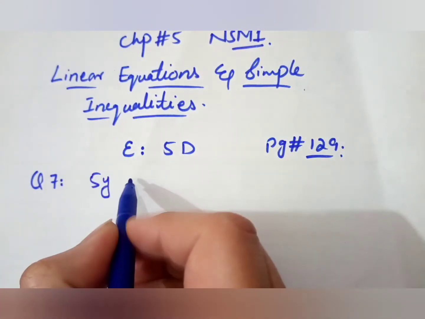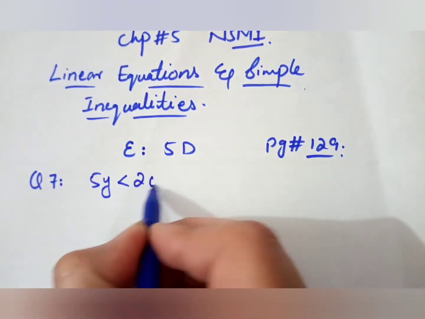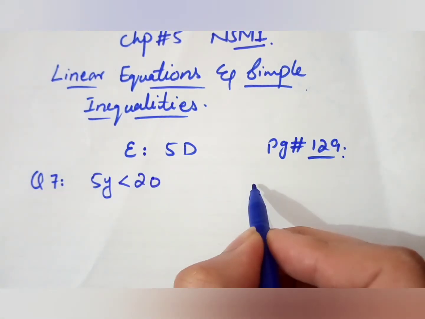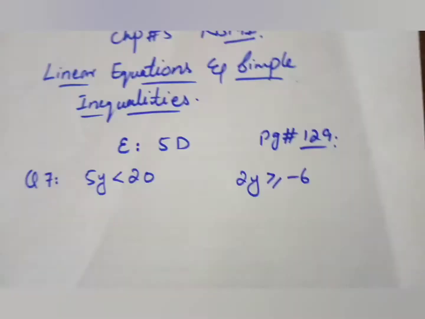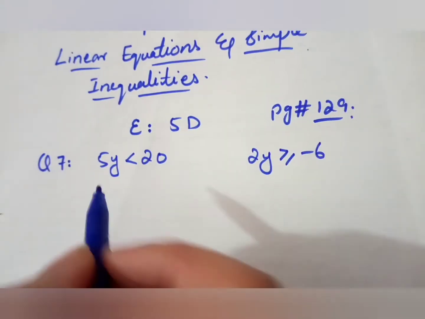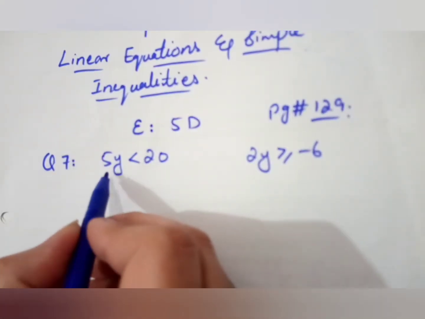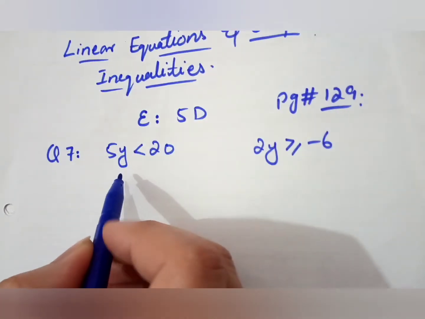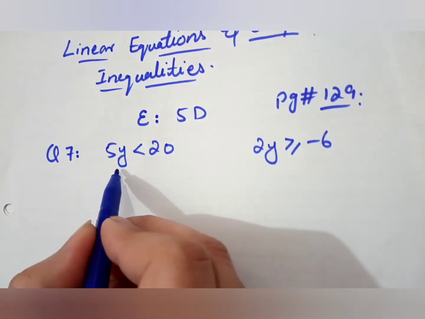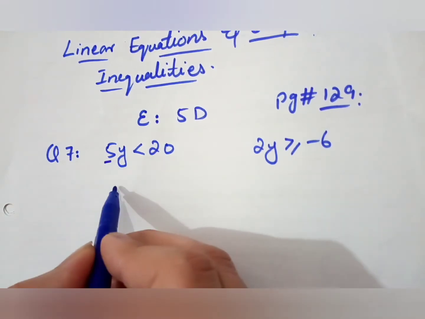So write down the inequalities. 5y < 20 is one, and the other is 2y ≤ -6. We will find the value of y. Y in these inequalities is the variable, so we separate this variable from the constant.